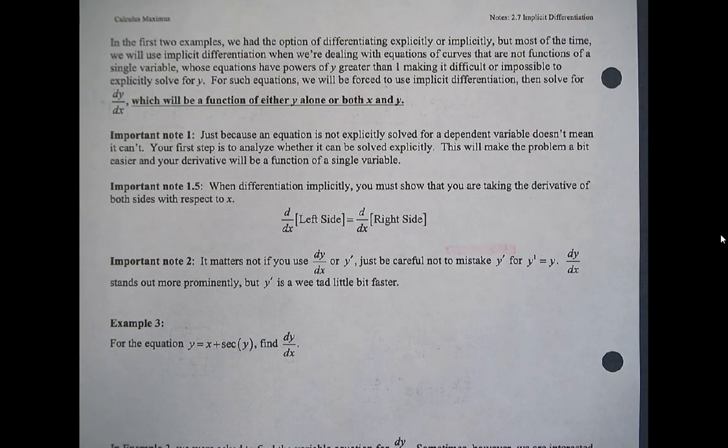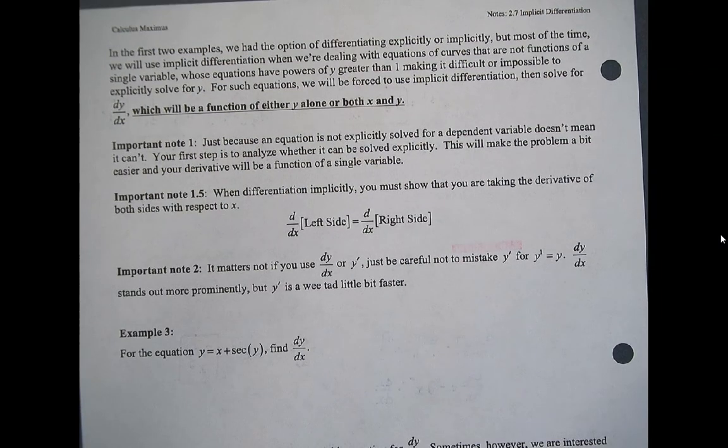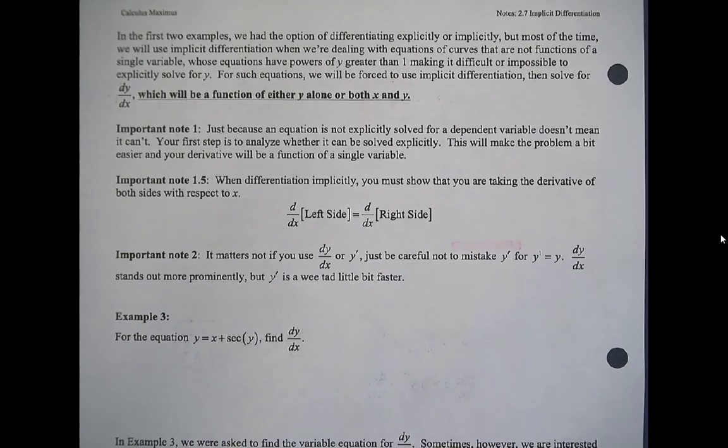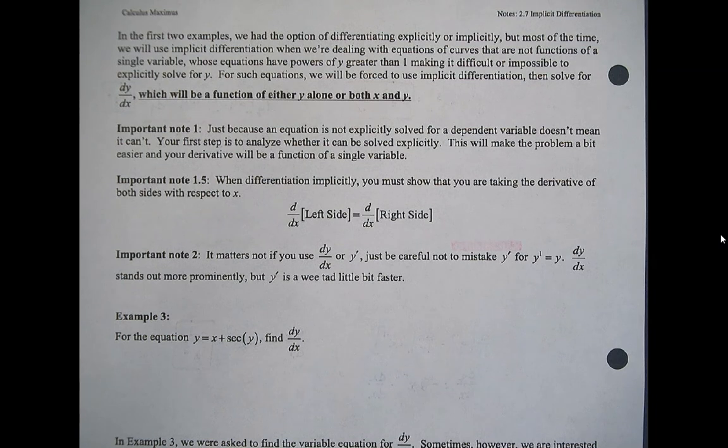All right, so in the first two examples, we had the option of differentiating explicitly or implicitly, but most of the time we will use implicit differentiation when you're looking at a function that's not a function of a single variable. Most of the time, it makes it impossible to get x or y by itself.